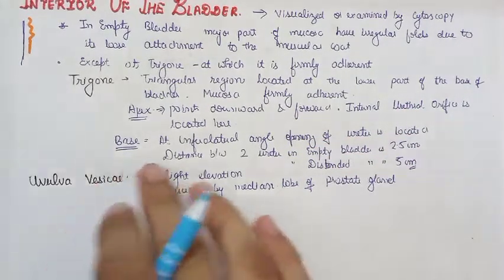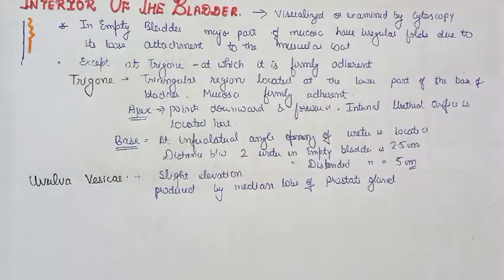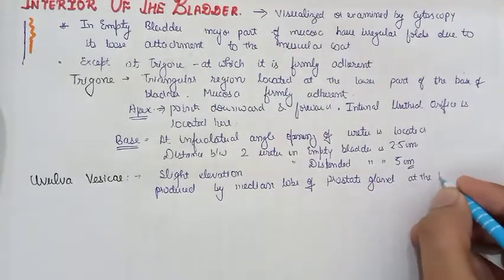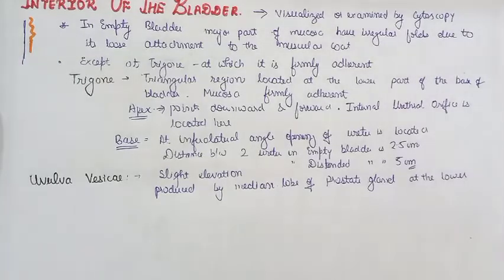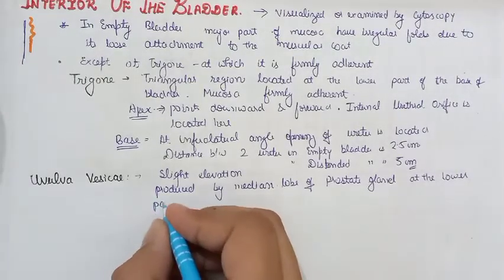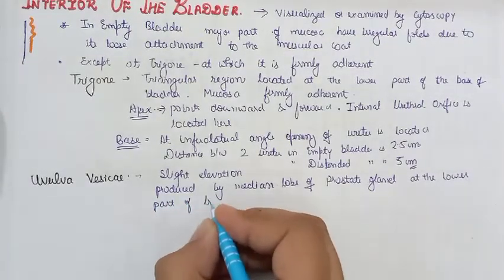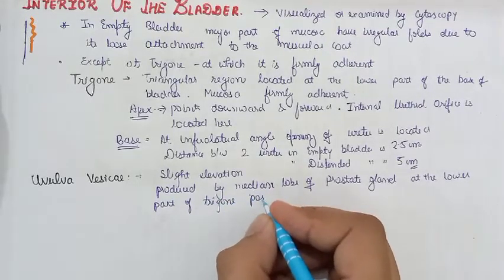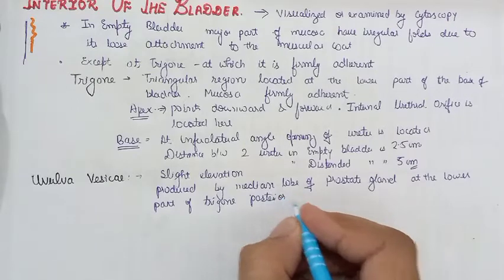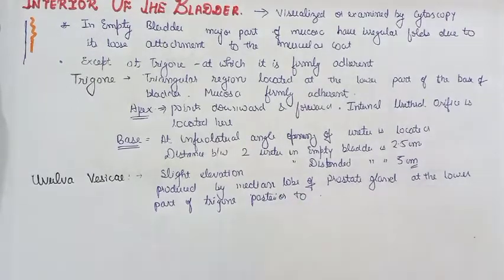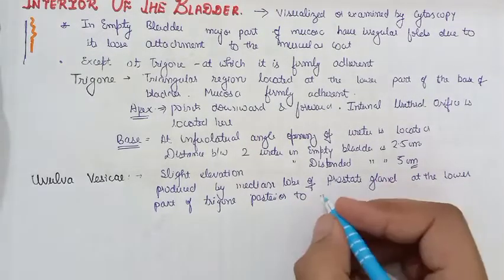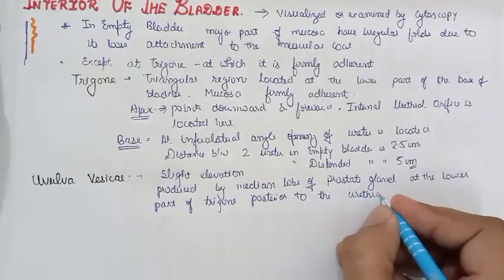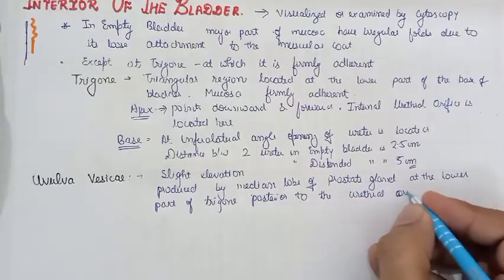It was producing a slight elevation at the lower part of the trigone, just behind, or posterior to, the urethral orifice, or the urethral opening.